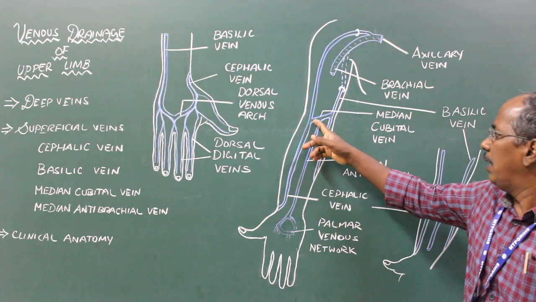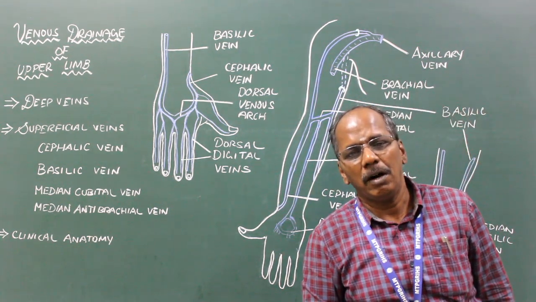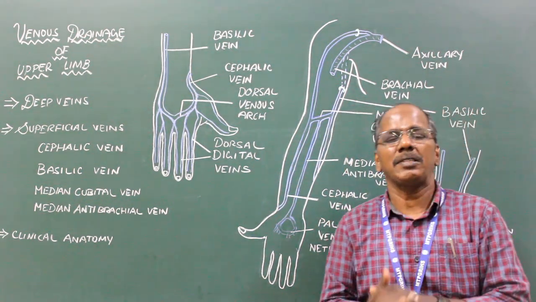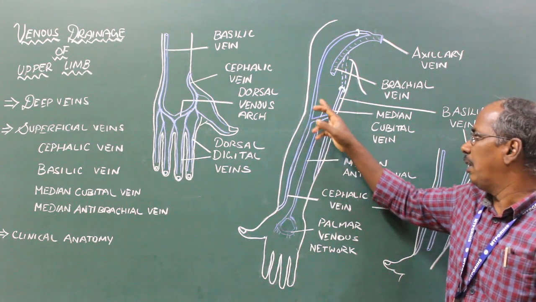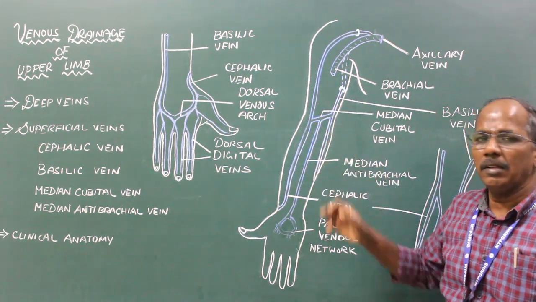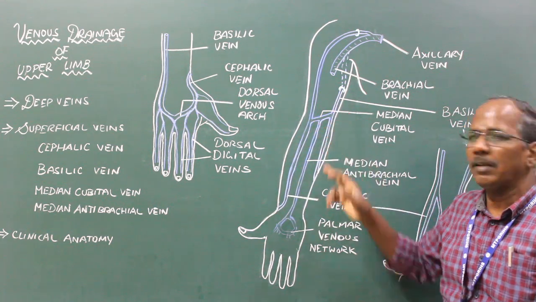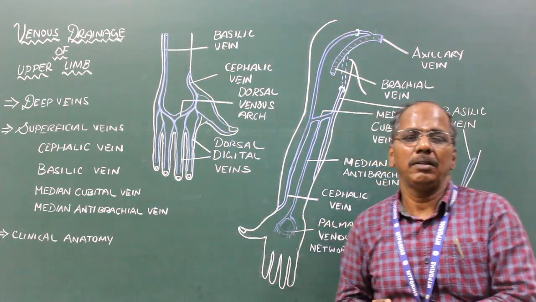The median cubital vein is most commonly used for withdrawing the blood or IV injections for the following reasons. Since it is connected with the cephalic and basilic vein and it sends most of the blood from the cephalic vein to the basilic vein, it perfuses more blood.